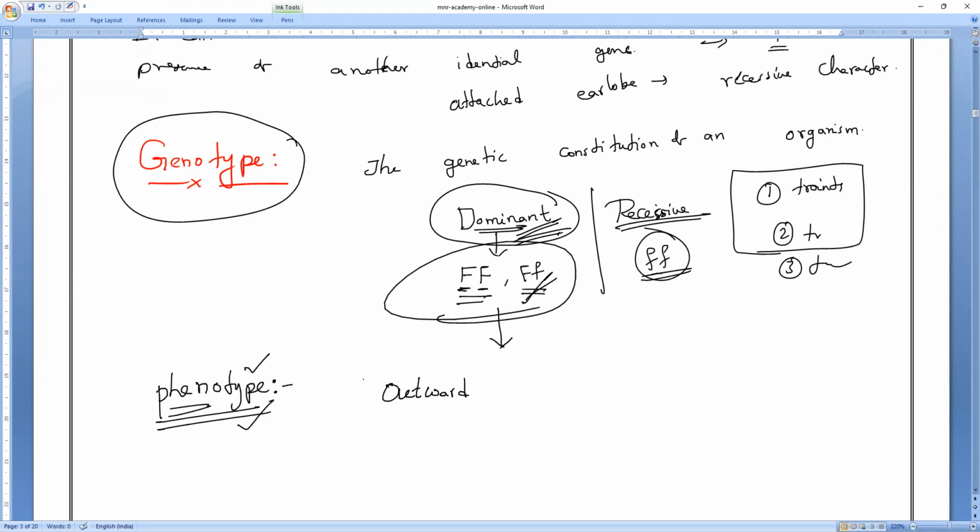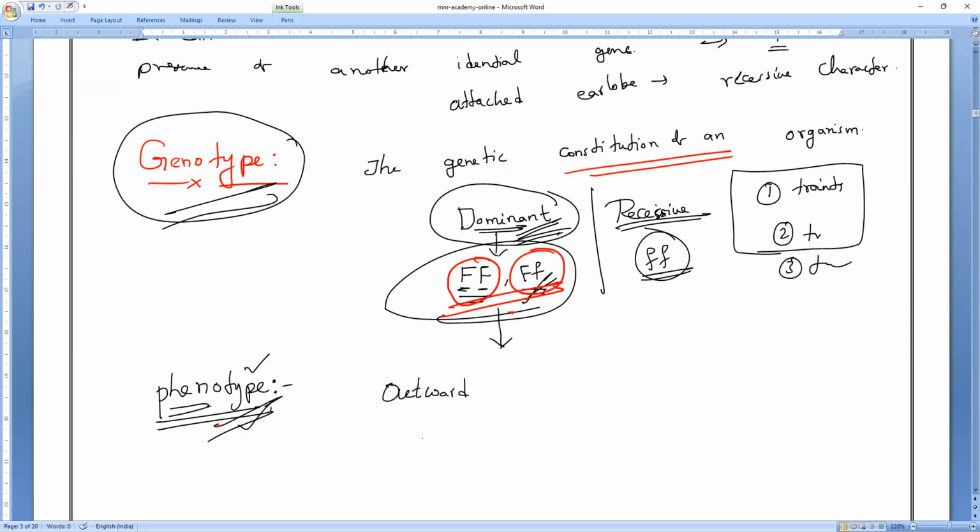What is that called, everybody? Phenotype. Phenotype can be seen with the naked eye, but genotype cannot be seen with the naked eye. Do you understand, everybody? Genotype is the one that decides the phenotype. Genotype means you should write the constitution of an organism, the genetic constitution. This is the genetic constitution of an organism.